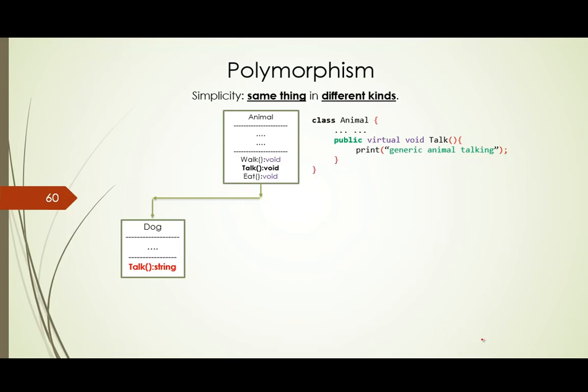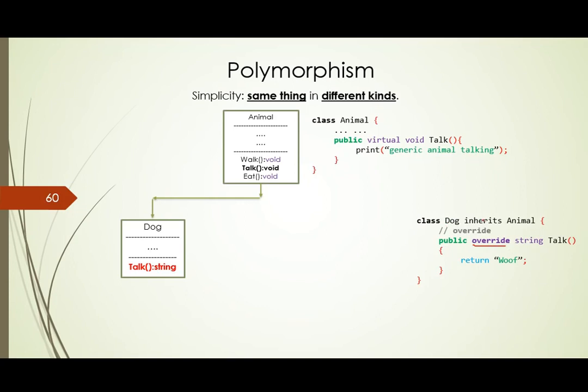We can have that, but let's assume we have a different class which represents a different object. From the animal we are defining the dog. To implement the dog, we need something different in the talk method. To make that talk method different, we need to override it.